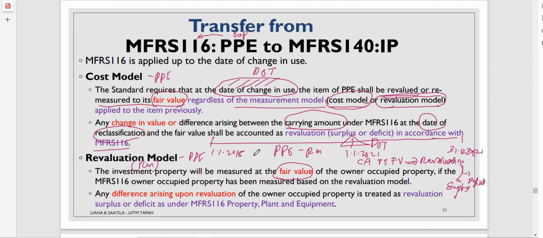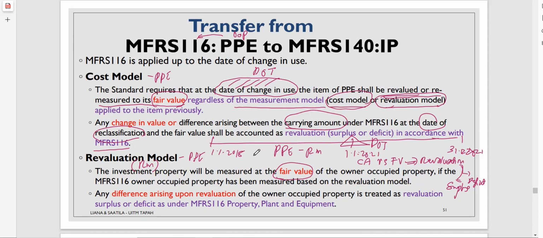So on the date of transfer, the investment property will be measured at the fair value. So the fair value on the date of transfer of the PPE at that time has to be assessed, and therefore that would be the amount that would be incorporated as the carrying amount of the IP.